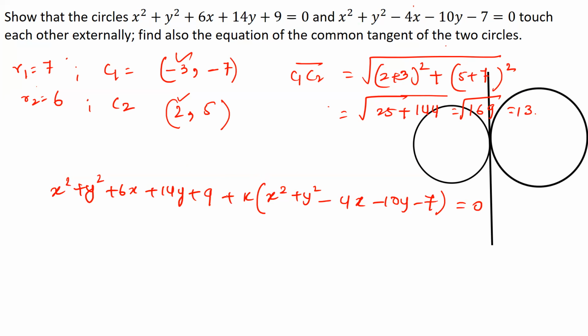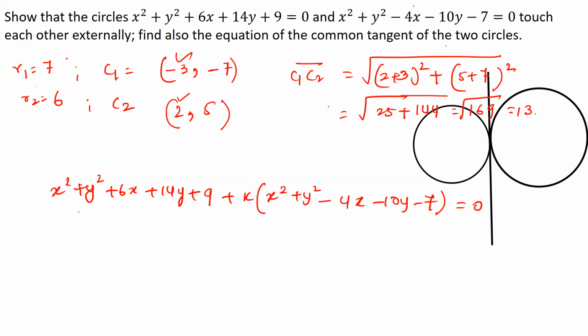So this equation gives me all those circles which pass through the intersection of those two circles, and also it can give me the equation of a tangent, provided that the x square plus y square term should not be there.